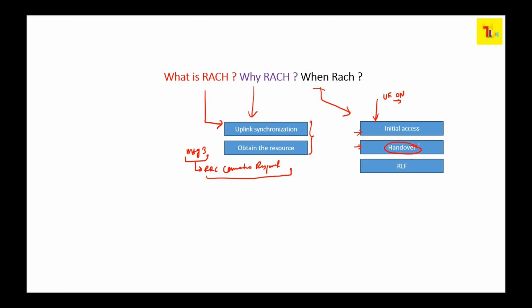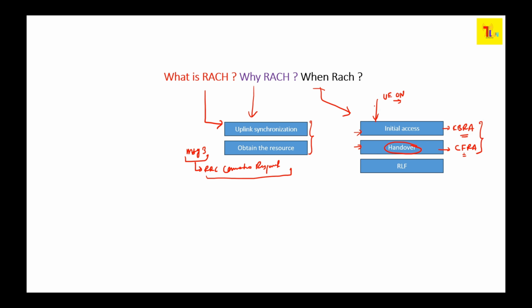We'll see the different types of RACH also. For handover, we are going to have the RACH procedure that is contention free, CFRA. For initial access, it will be contention based. We will understand what is contention free and contention based.